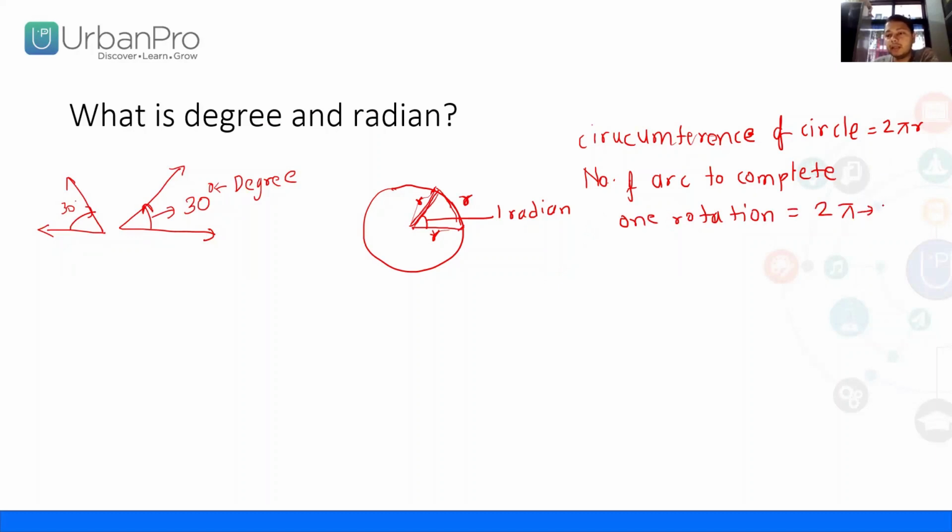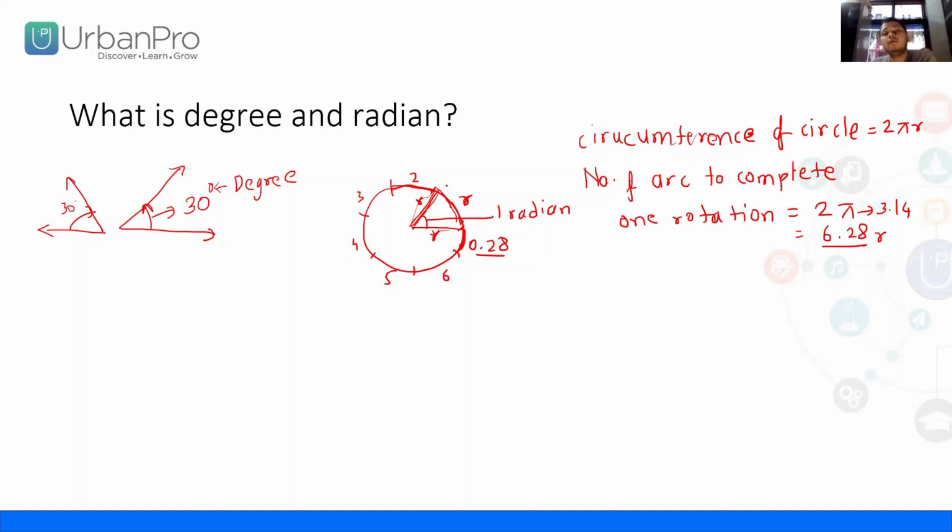Now value of pi is 3.14. If you put the value of pi as 3.14, you will get 6.28. Now we will need 6.28 such r. If I count these r, this is 1, second r, third r, fourth r, fifth r, sixth r, and a little bit of gap is remaining. You can consider this gap as 0.28.